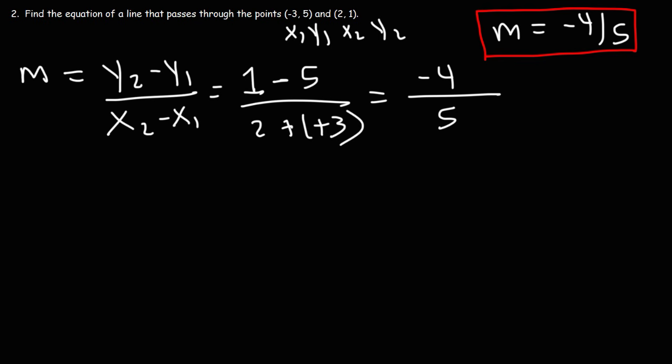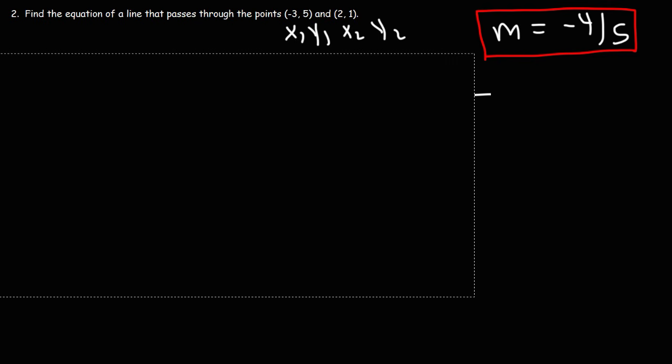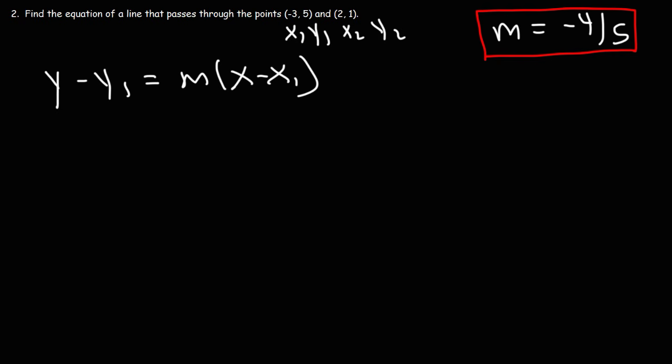Now the next step is to use the point slope formula. Now let's use the point negative 3, 5 for x1 and y1.